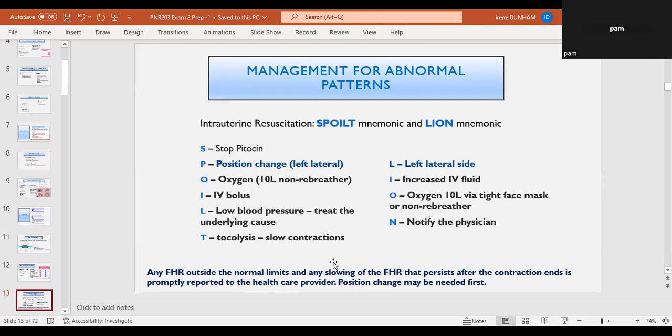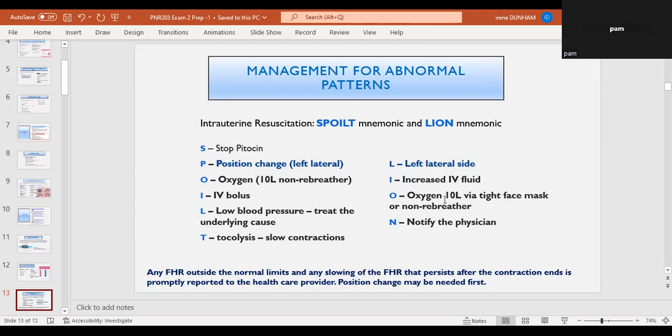Usually tachycardia of the fetus is related to mom's temperature, so I'm definitely going to get her temperature and call the doctor and let him know that now I've got a baby with a baseline of 170. Not a good thing. On the other hand, if I have any slowing of the fetal heart rate, if I have bradycardia, which is less than 110, then I'm going to call the doctor.